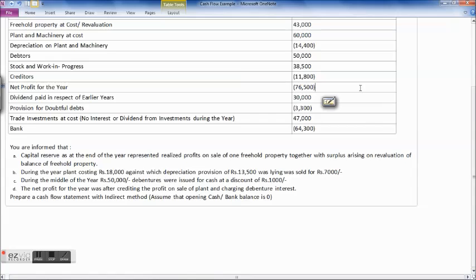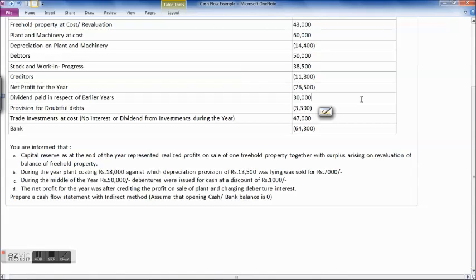Correct. Then dividend paid in respect of earlier years is 30,000. Then provision for doubtful debts is 3,300 credit balance. Usually we reduce the provision for doubtful debts from debtors in the balance sheet, right? So the increase in the credit balance is 3,300.